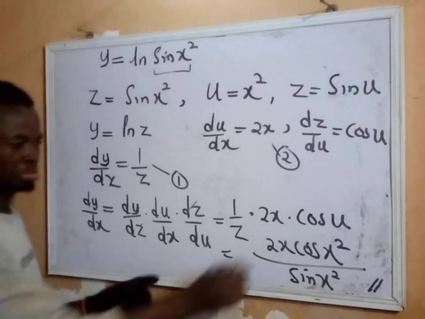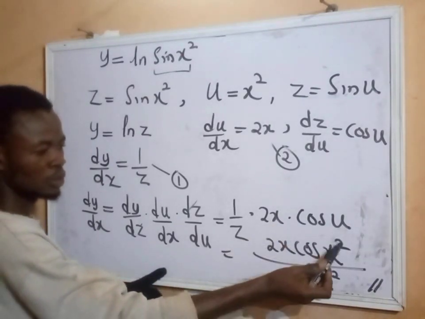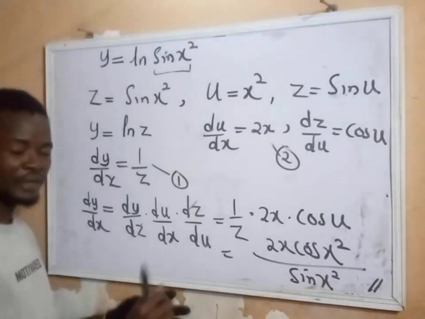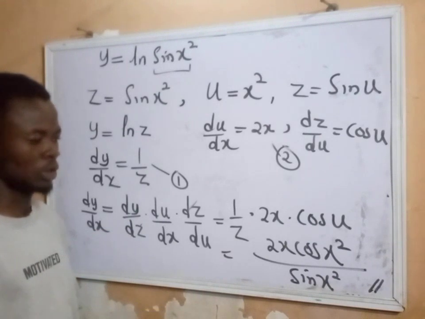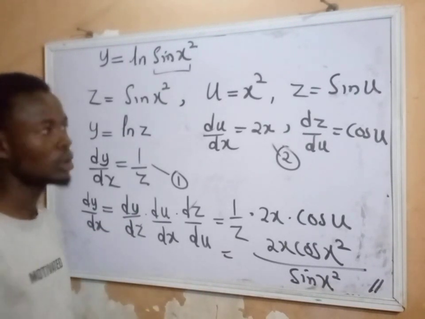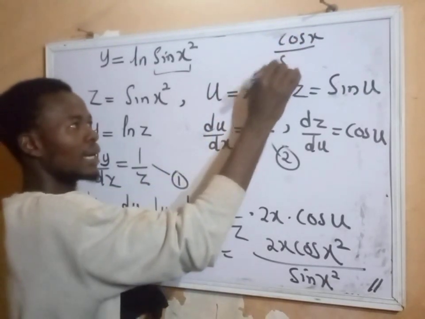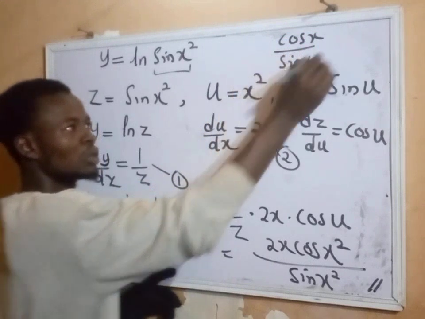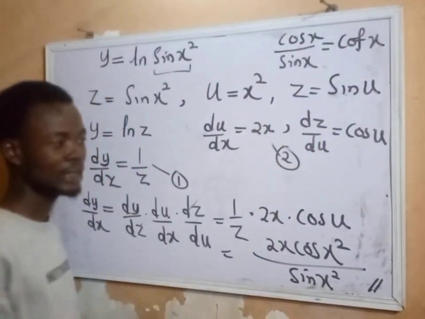Clear? But you might play it smart. Here we have cos of x raised to power 2 over sine of x raised to power 2. If you leave the answer like this, you are absolutely correct. But you can try to play it smart like a mathematician does. If you have cos x divided by sine x, this is automatically cot x, right?